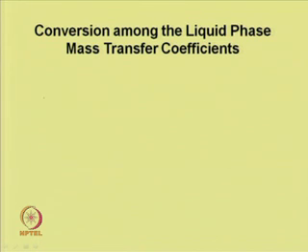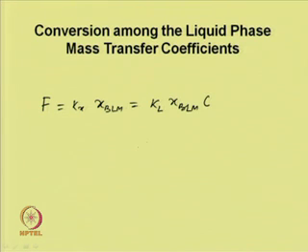That is also related with F type mass transfer coefficients, which is equal to Kx xBlm, which is equal to KL xBlm into concentration, which is equal to KL dash C, which is equal to KL dash rho by M, which is equal to Kx dash.